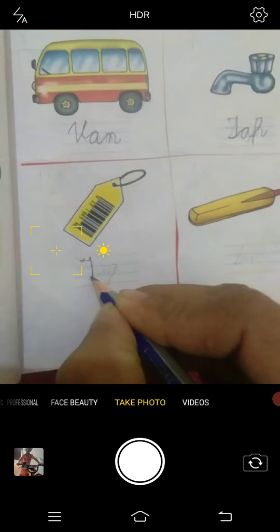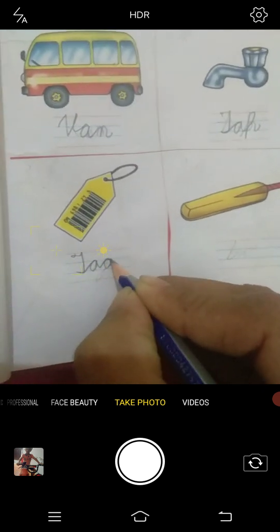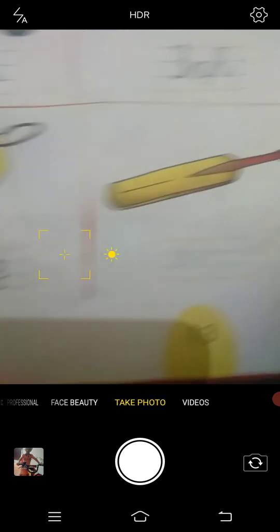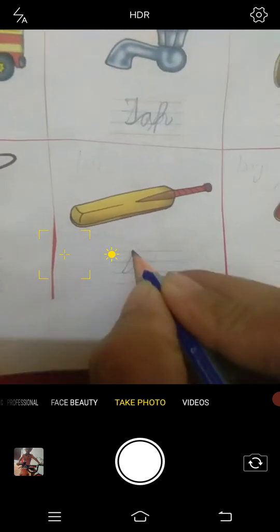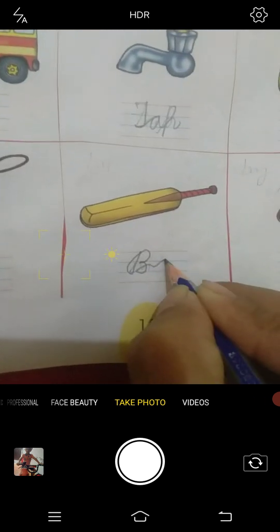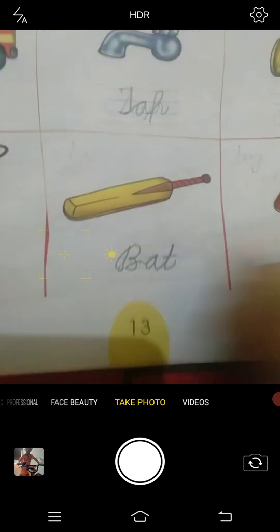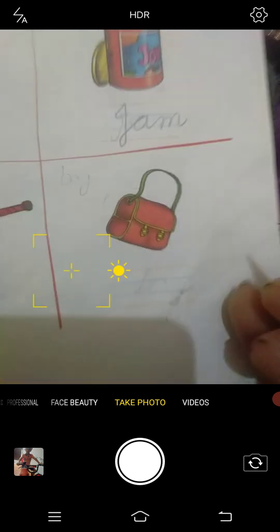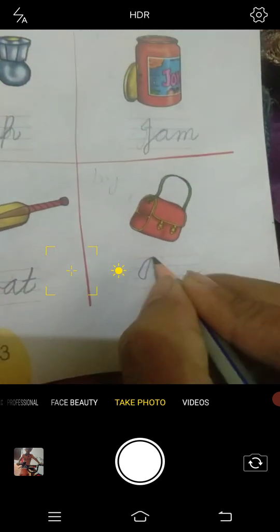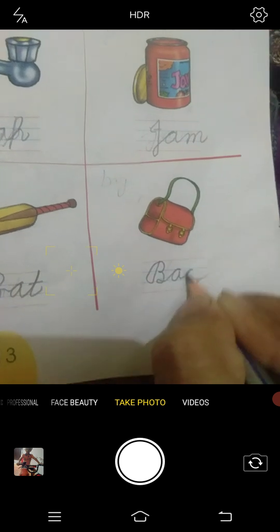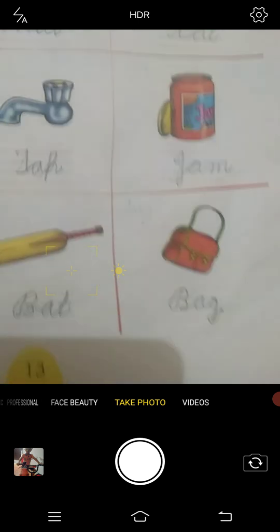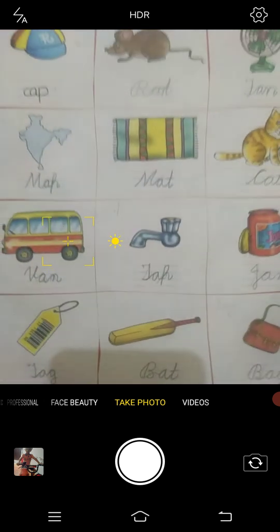What is this? T-A-G, tag. B-A-T, bat. And then the last one, B-A-G, bag. This is the picture work of the A vowel sound.